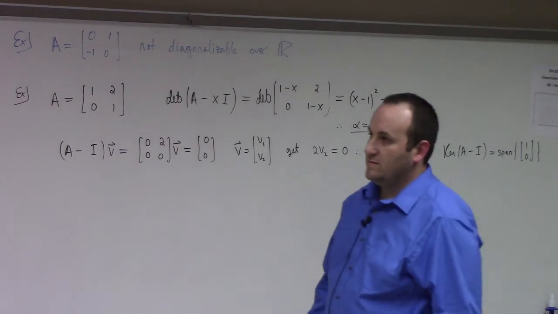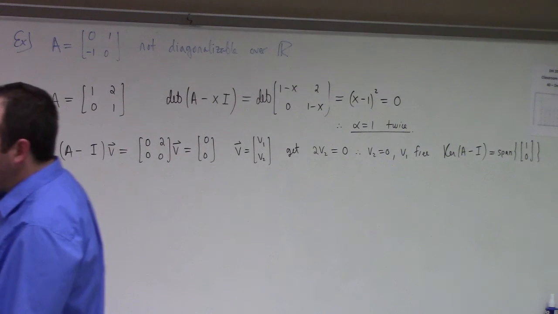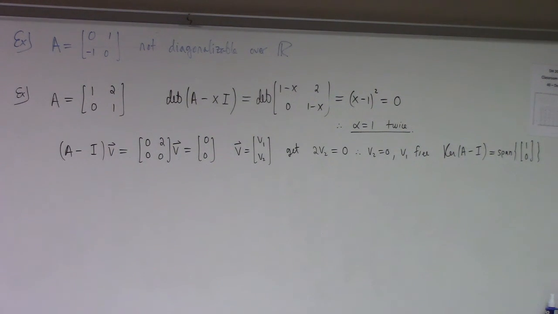So notice, for this matrix, there does not exist an eigenbasis. And if you believe the other half of the theorem I haven't proved, which is an if and only if theorem, basically I'm saying A is diagonalizable if and only if there exists a basis of eigenvectors.